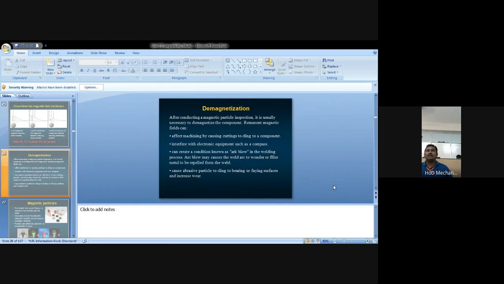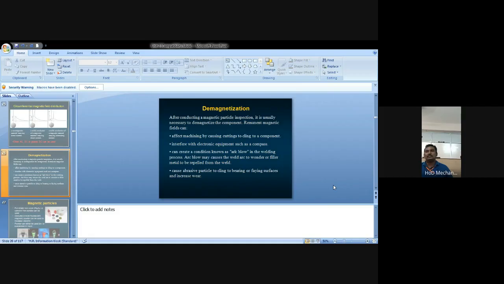At the time of contact, if the material has magnetic property, they will stick together. So it is a major problem for machining. So demagnetization is very important after the MPI inspection method.